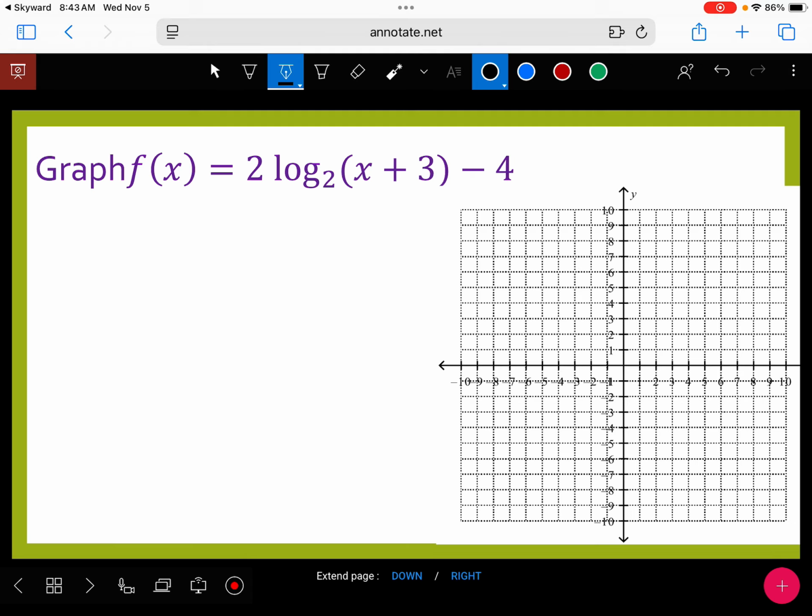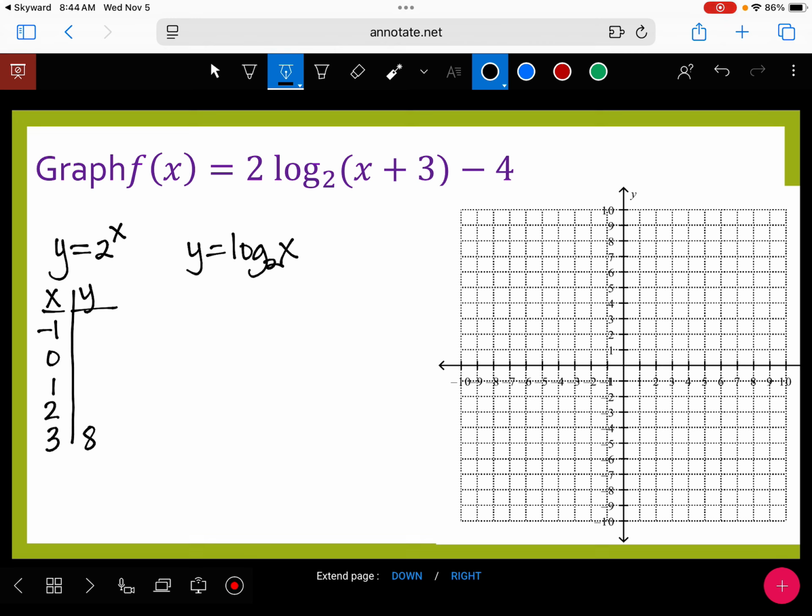And this time we're going to add an A value to see what that looks like. I'm just setting up my little log base 2 table.